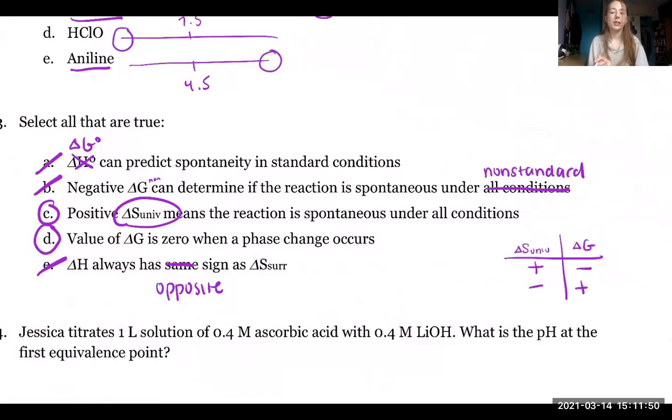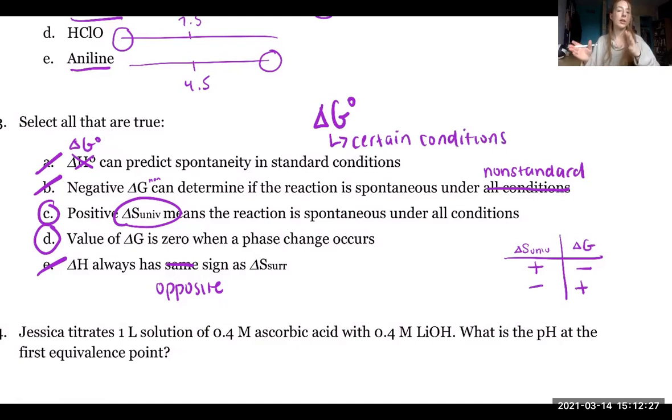Standard and non-standard, yeah. So standard conditions is just kind of like preset values for certain conditions. I believe pressure is one of them, and I believe in biology, concentration is one of them. So they're just kind of standard delta G. Standard has a preset of conditions, predetermined by scientists.